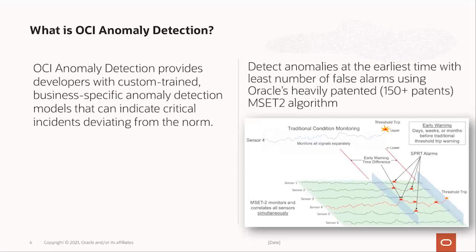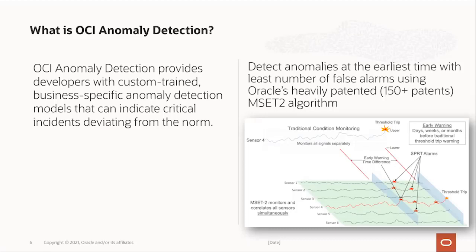This anomaly detection service includes one of our really well-researched innovations called MSET2. You probably have heard of MSET, which is one of the algorithms that has been in the market for over 2 decades. And it's actually used pretty much in all of the nuclear power plants and the majority of the utility and oil and gas sector companies.